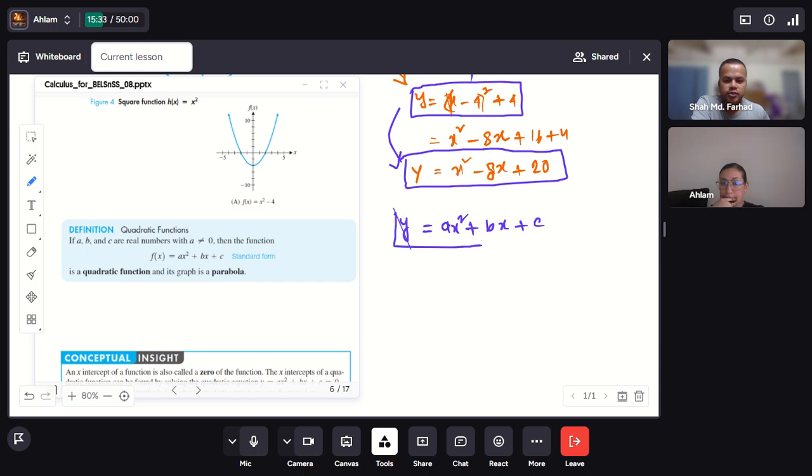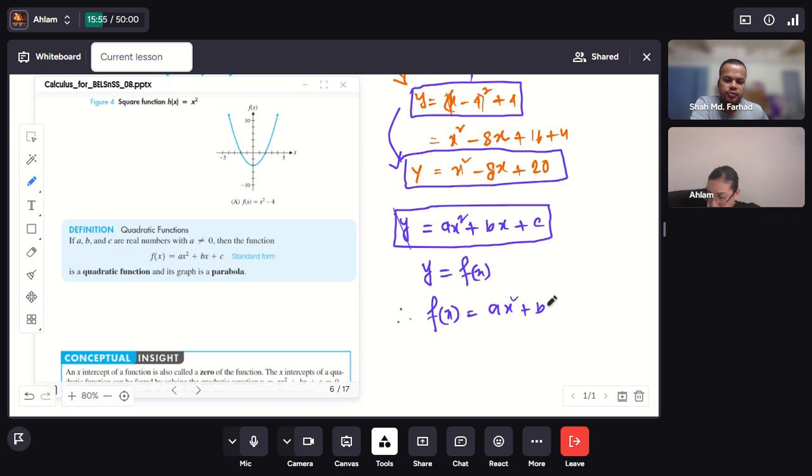That is called the standard quadratic equation. And again, we know y equals f of x. So we can write f of x equals ax squared plus bx plus c.